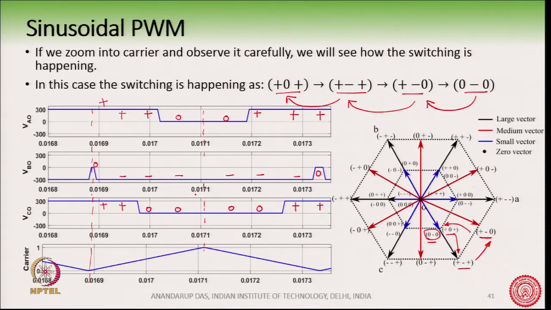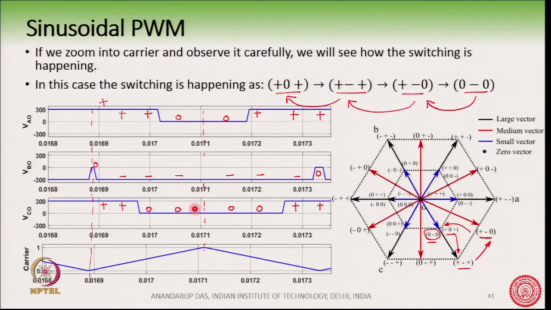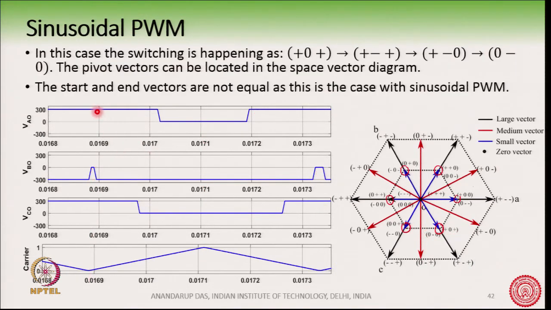So, you see here this is the end vector. Here is the end vector 0 minus 0, and its duration is much bigger than plus 0 plus. You can see here also the start vector, the start vector duration and the end vector duration are substantially different.